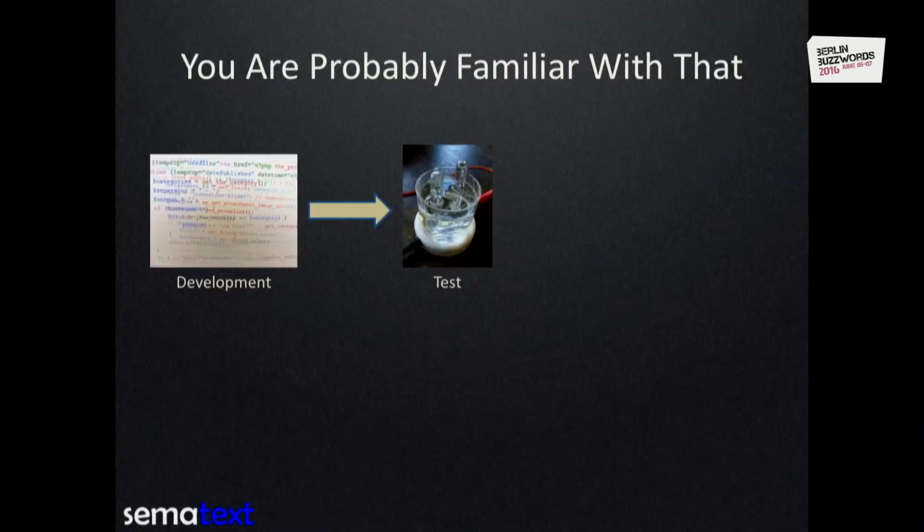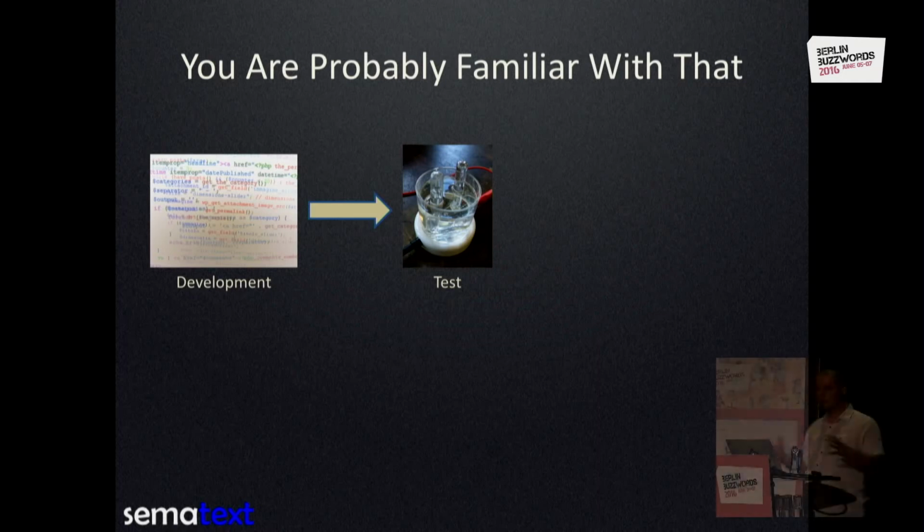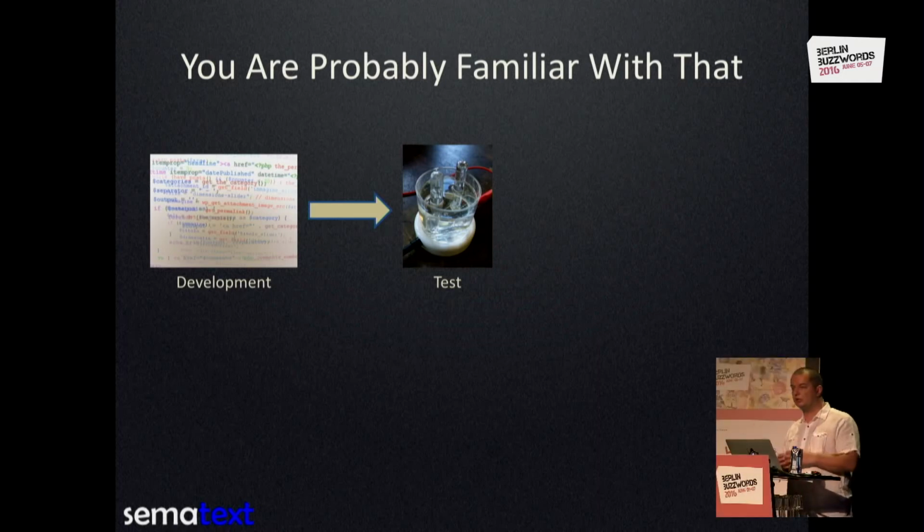So first of all, a few things about what we are used to right now. Every one of us developers are used to the development environment. When we do code, we test the stuff initially. Then we get on with the test environment where people test stuff together, right? So we have parts of the application coming from multiple developers that are connected together and tested on some kind of test environment.